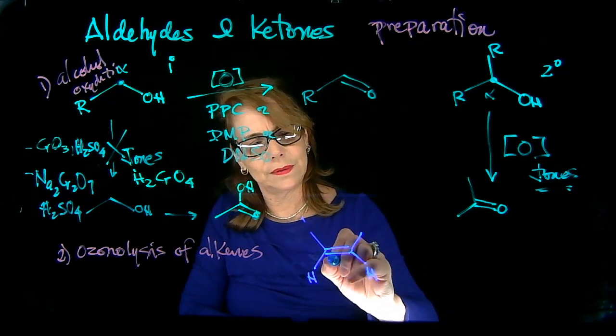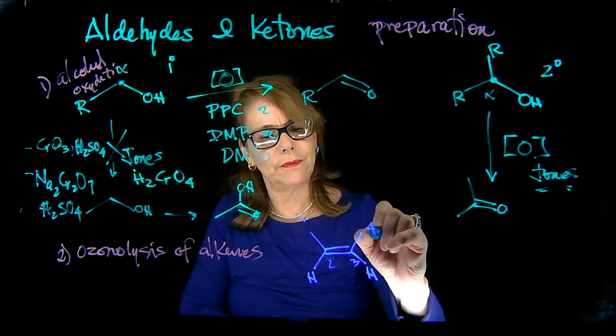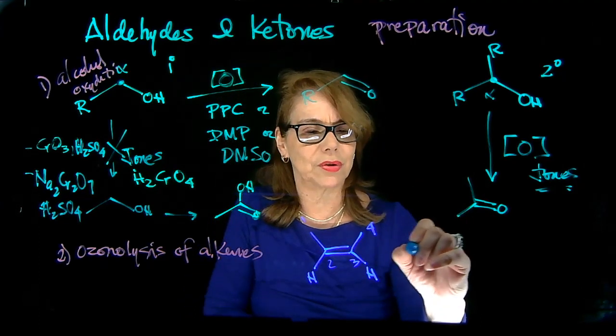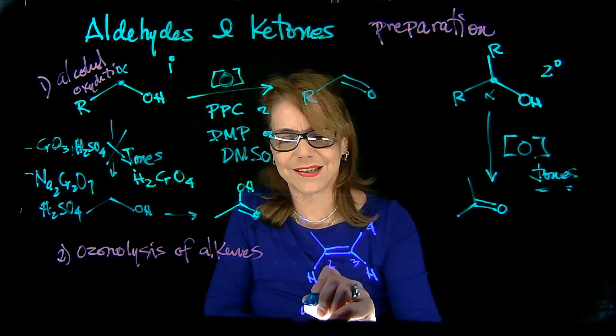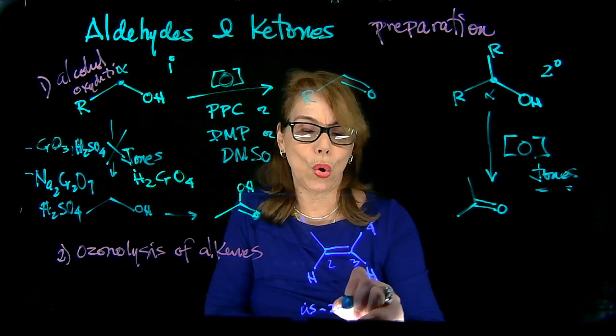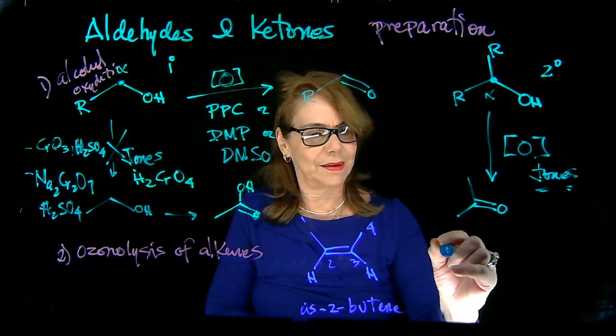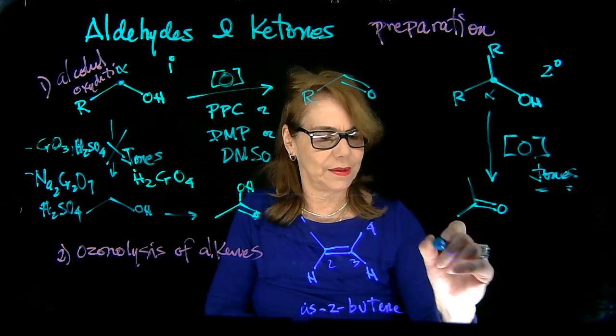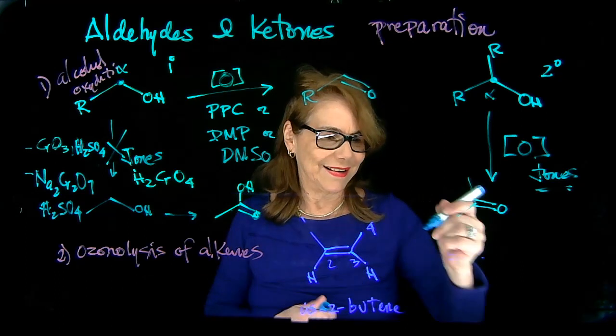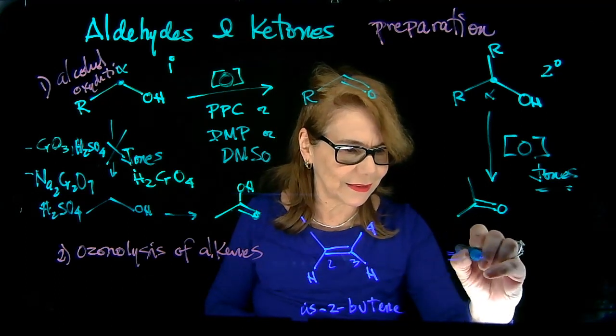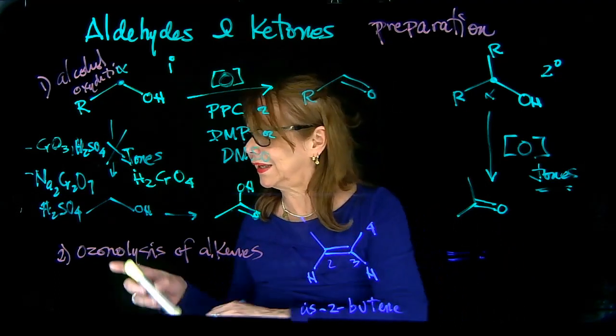This is 1, 2, 3, and 4. This is actually cis-2-butene. And now I'm going to draw this.